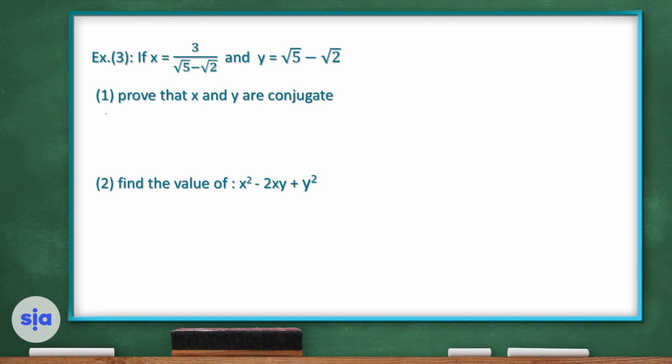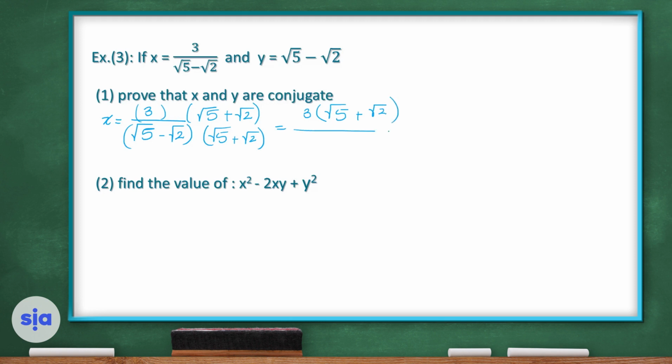We're going to work on x. So x equals 3 over root 5 minus root 2. Let's rationalize the denominator by multiplying up and down by the conjugate of this denominator, root 5 plus root 2. So it's 3 times root 5 plus root 2 over 5 minus 2. 5 minus 2 in the denominator is 3.